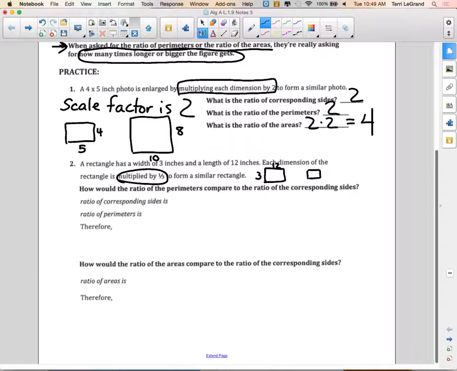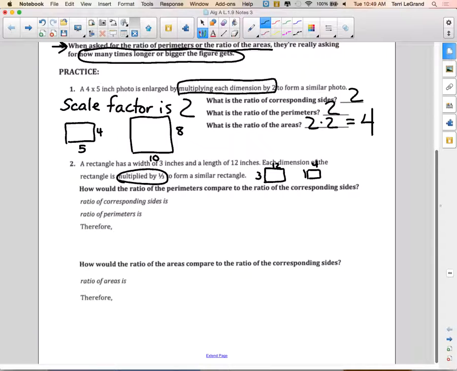What's 3 divided by 3? 1. So now the new rectangle has a dimension of 1. What's 12 divided by 3? 4. And the other side is a length of 4. So there's our new rectangle. That kind of just gives us a picture so that when we're answering these things, hopefully we'll have a better idea of what we're looking for.